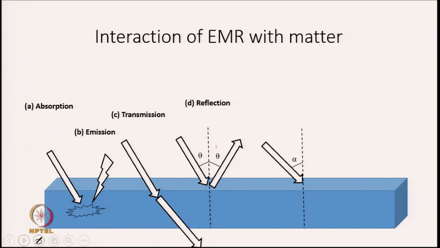When electromagnetic radiation falls on the matter, it can undergo refraction. It means it can undergo bending.